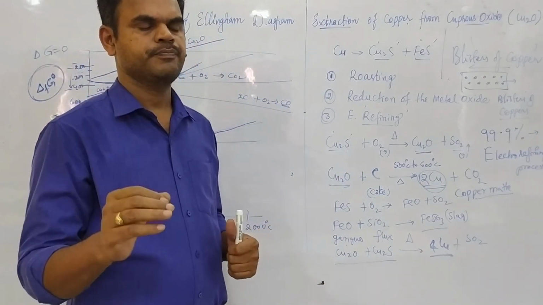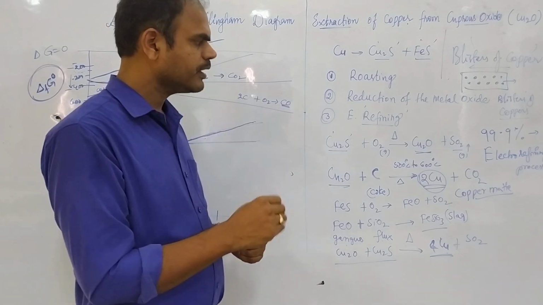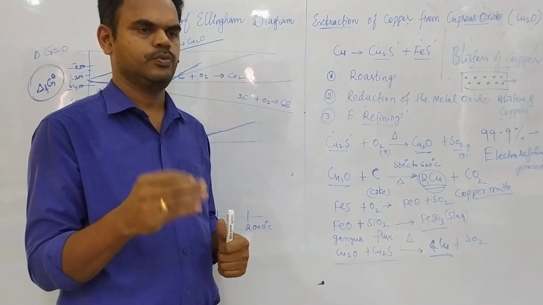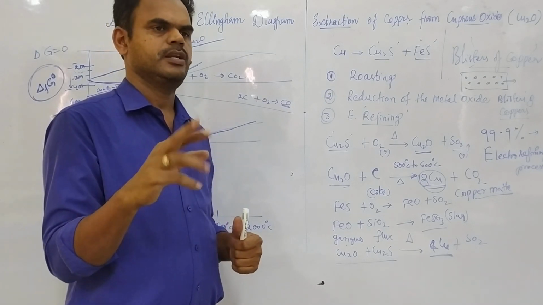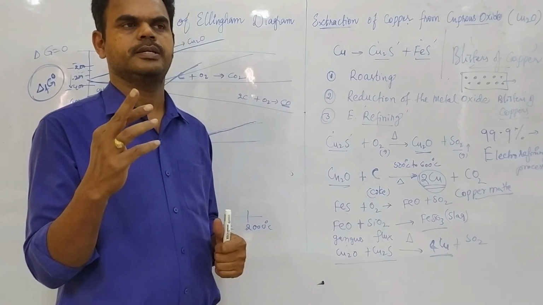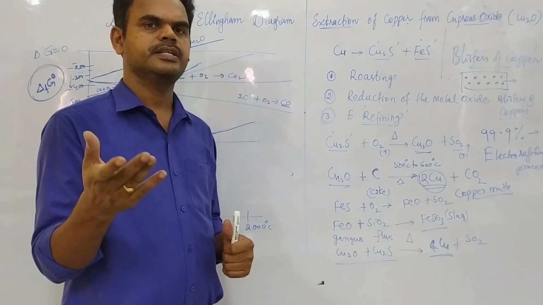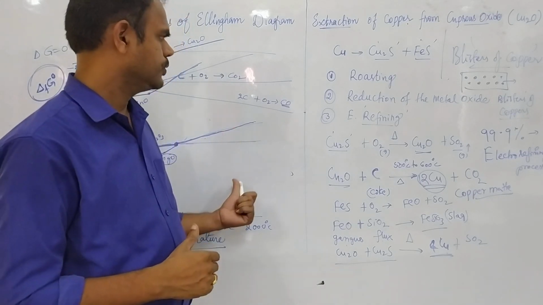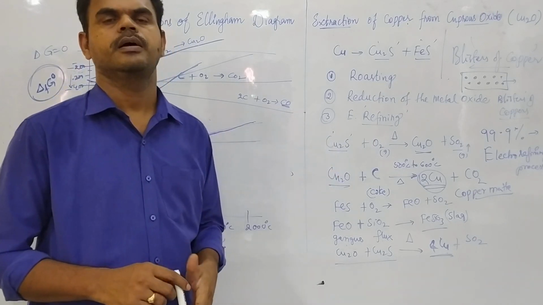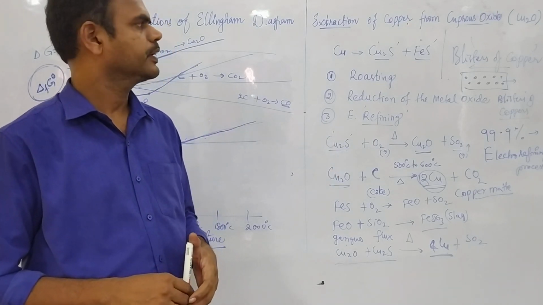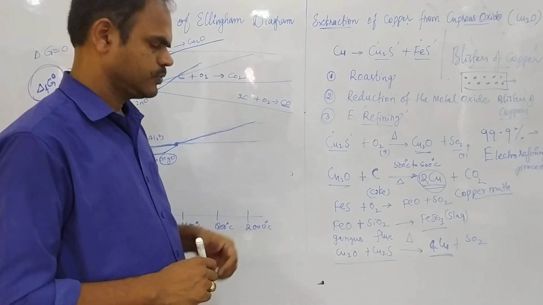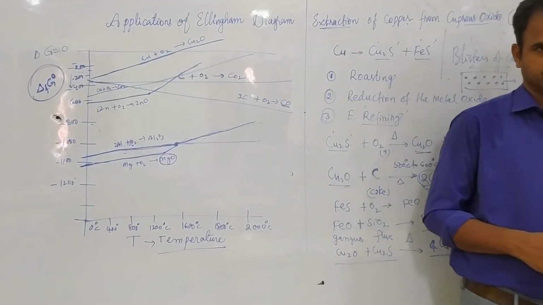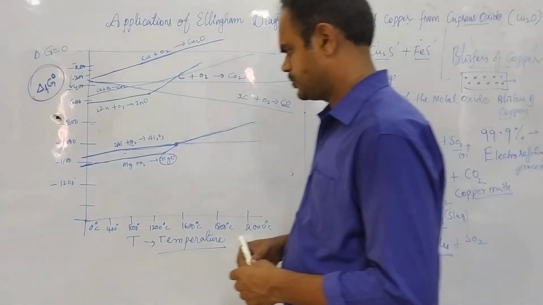We choose it at the critical temperature, the temperature at which the metal oxide decomposes and the reducing agent oxidizes. If you know the temperature, it is easy to extract the metal. So that is one application of the Ellingham diagram.